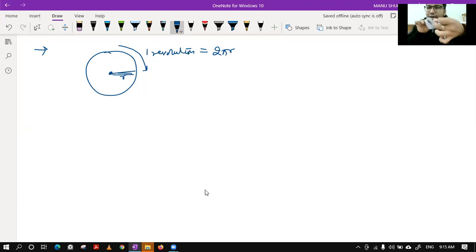So when you take one revolution, what are you actually covering? If you are taking one revolution like this, in this case you are covering the circumference. In this case, what are you covering? The curved surface area of the cylinder. If you see, this is the area it is covering.